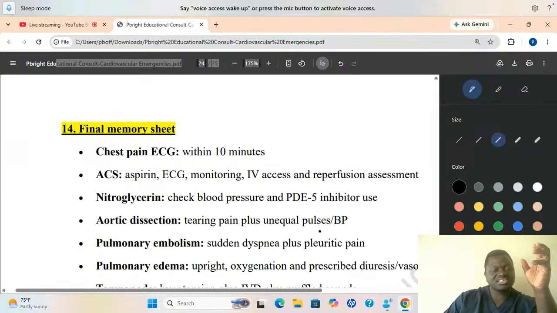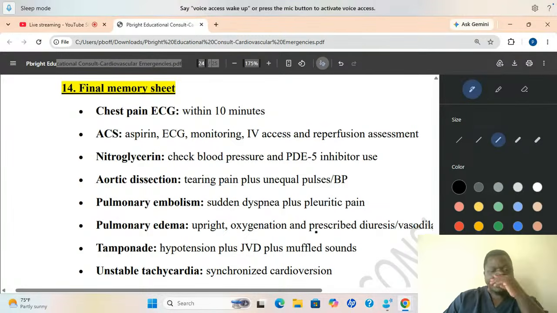So, guys, final cheat sheet. Me, I don't like cheat sheets, but I know some of you are very good with chew and puff, so I added it. Chest pain: ECG within the first 10 minutes. Acute coronary syndrome: aspirin. Don't rush to give morphine first.